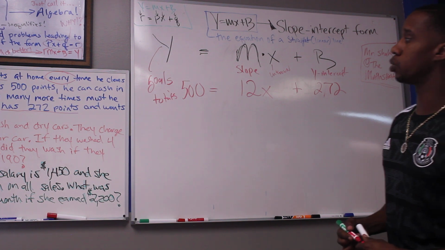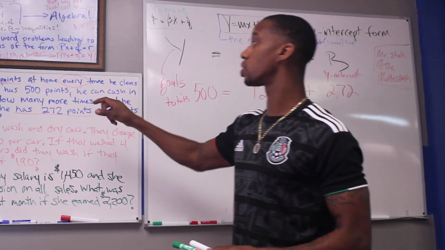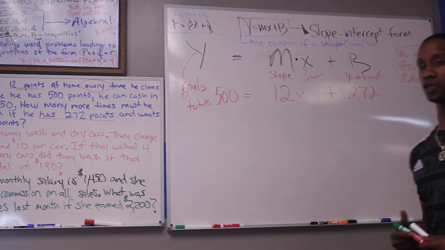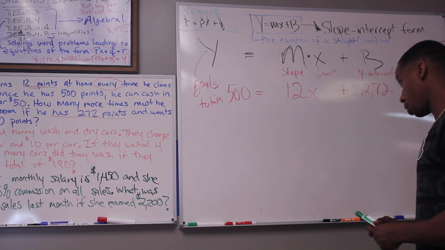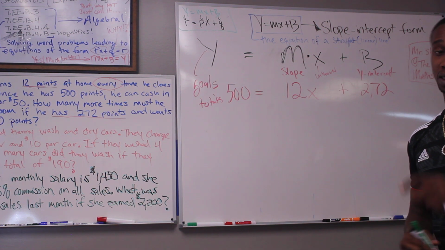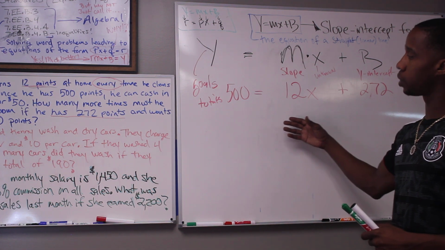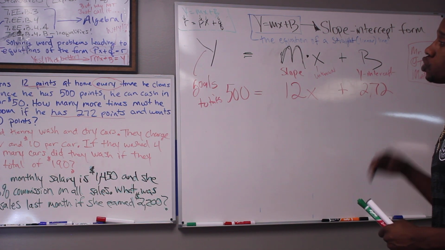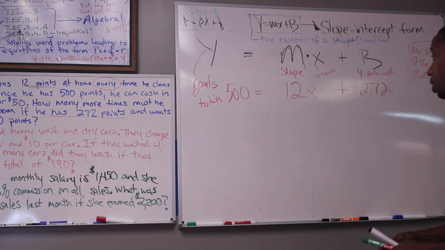And what will x equal? x will equal the number of times he must clean his room in order to reach 500. So let's do the math now, because building the equation is just half the battle. We need to also be able to solve the equation too.